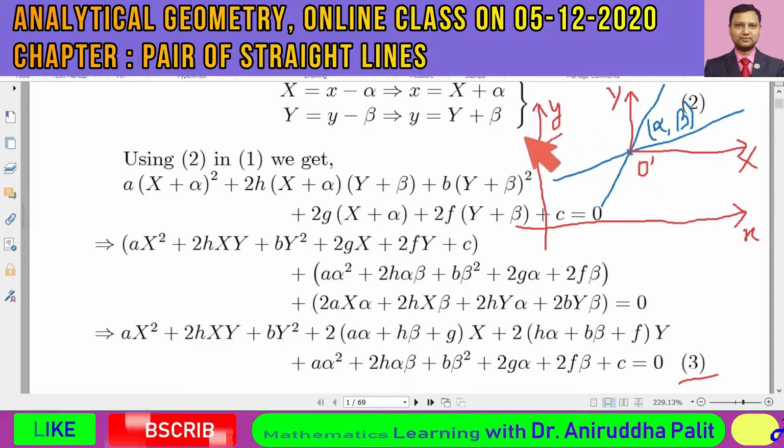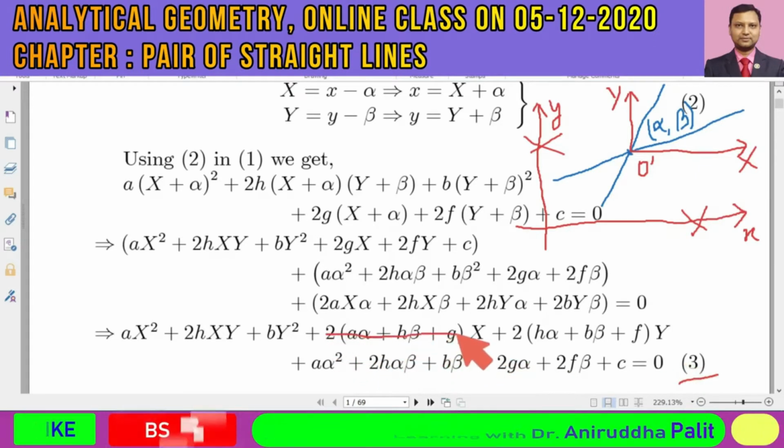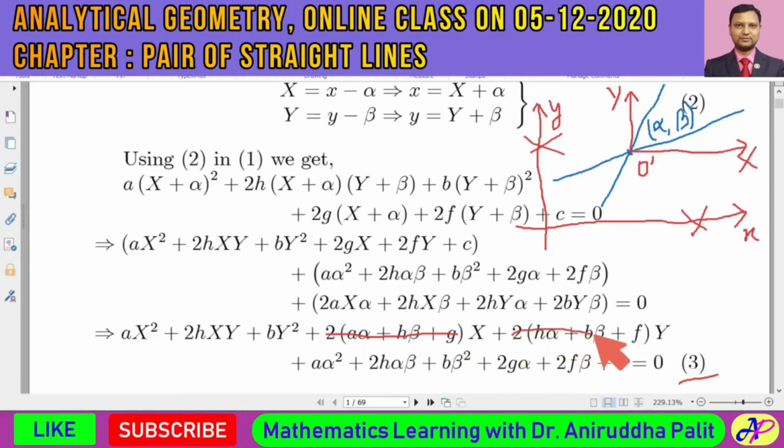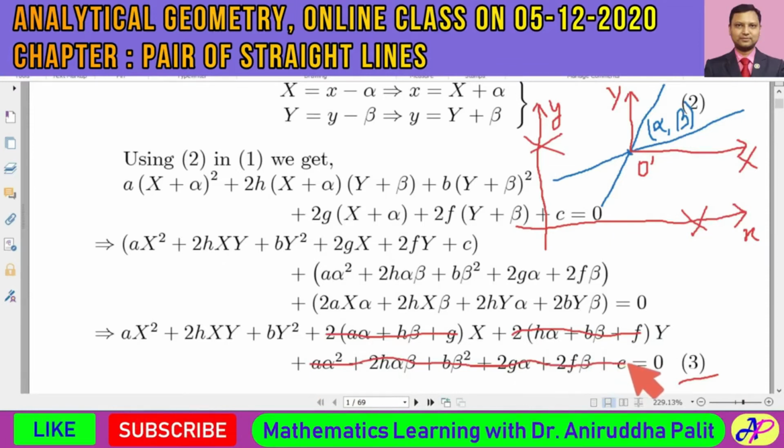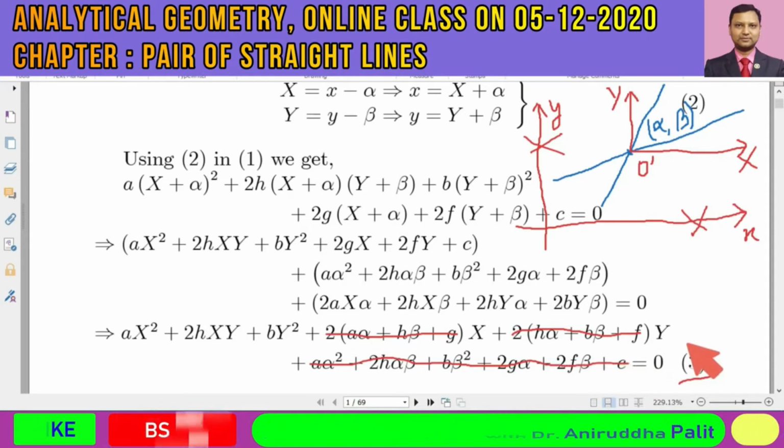So with respect to these new coordinates, equation number 3 must be a homogeneous equation of second degree in capital X and capital Y. And what does it mean? It means that the coefficient of X should vanish, the coefficient of Y should vanish, and this constant term should also vanish. Is it clear to you?